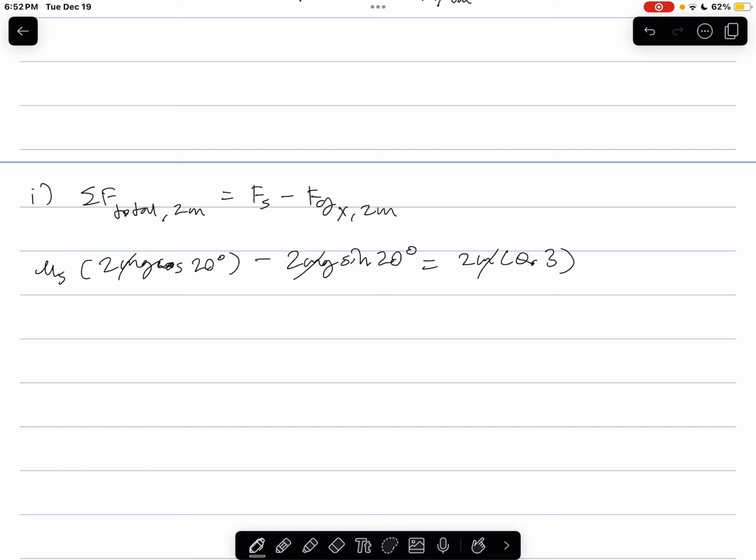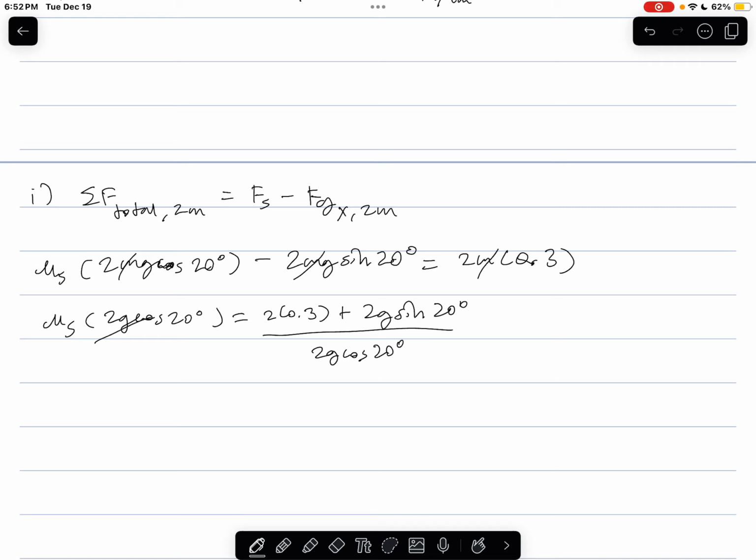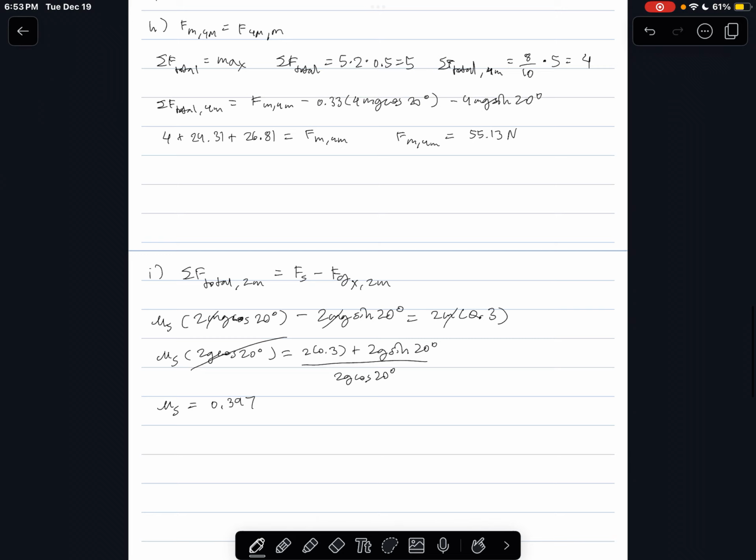Then the m's cancel out, and after that you add the 2 times 0.3 plus 2g sine of 20 to the side, divide this by 2g cosine of 20. Mu s should be equal to around 0.397. Okay, that is all.